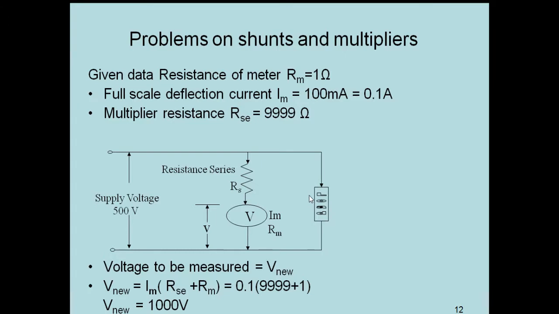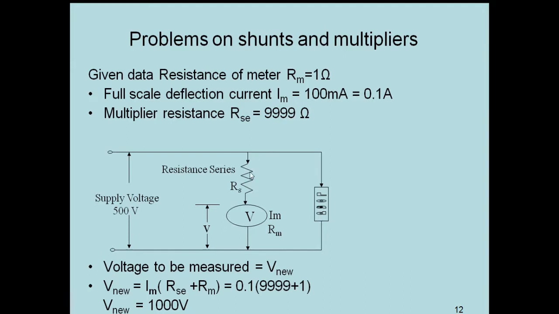So to repeat, they have given the meter range of 0.1 amperes and meter resistance as 1 ohm. For this meter they are connecting a series resistance to increase the voltage range of the existing basic meter.